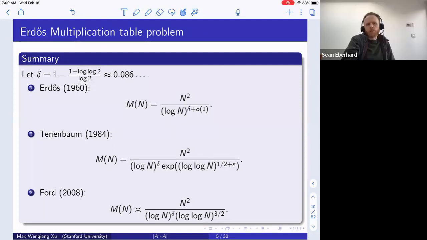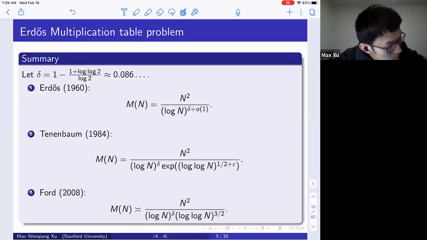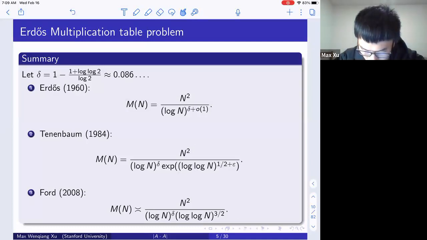Then Erdős and Tannenbaum prove lower bounds, or they're just upper bounds? let me see. So I believe they prove at least they prove this lower bound, but let's see. I think upper bound is even easier.